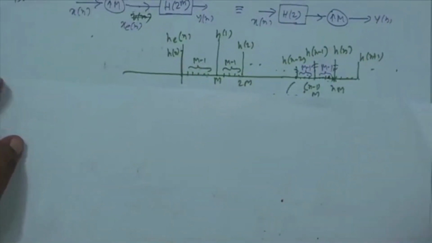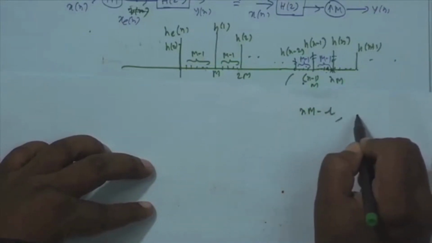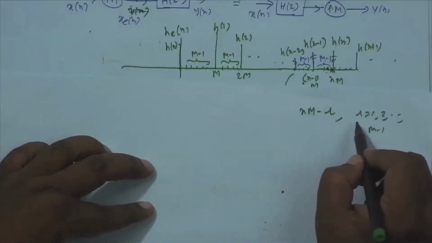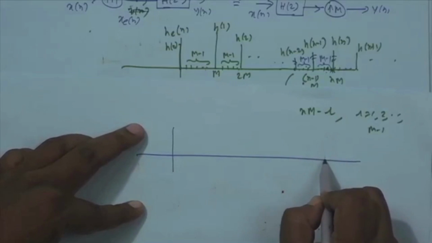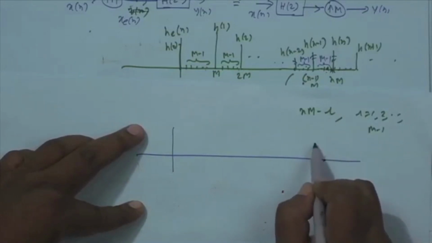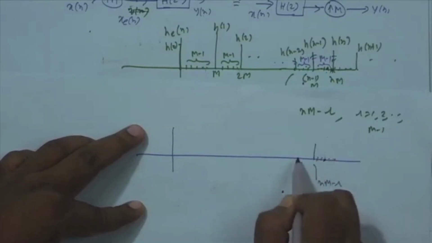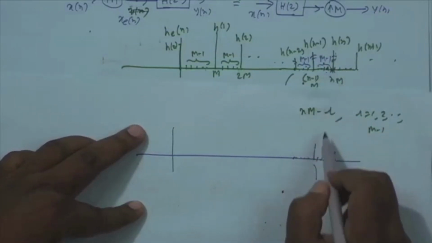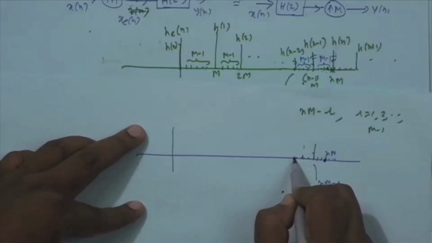Similarly, if nm minus 2, nm minus 3, if you are not understanding, say as an example, if I am delaying by nm minus r, r can be 1, 2 up to m minus 1. So, either nm minus 1, nm minus 2, nm minus 3, like that. Then what will happen? Earlier at nm x was coming, it will not go there, it will come here at nm minus r. So, I will have zeros. At nm this sample will find a 0 from here, this will find a 0 from here, this will find a 0 from here, and this 0 block, after that there will be a sample, but that will find a 0 from there.